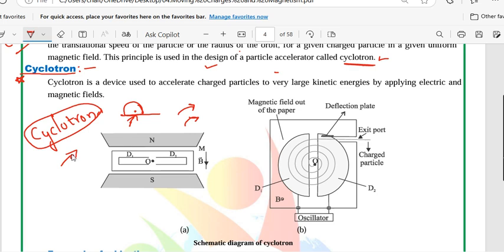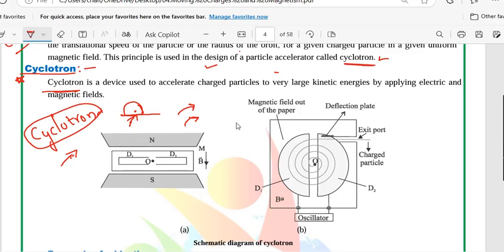help easily. Cyclotron is a device that is used to accelerate charged particles to very large kinetic energies by applying electric and magnetic fields. So this is a kind of device or application of the motion of a charged particle.